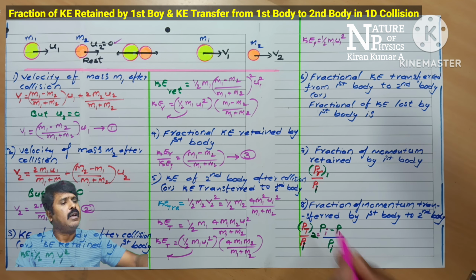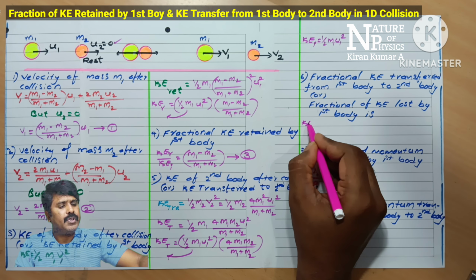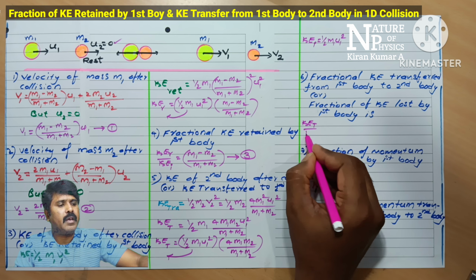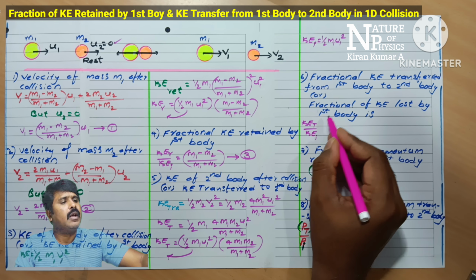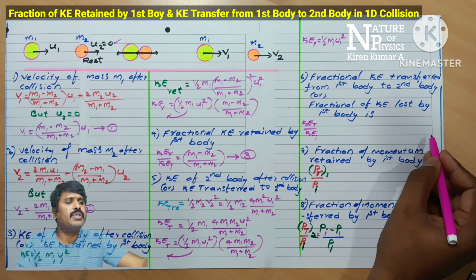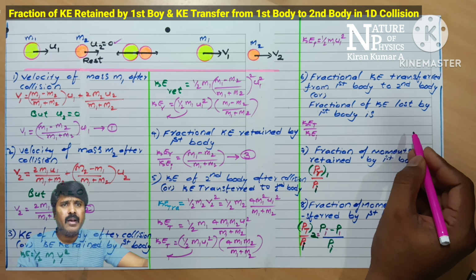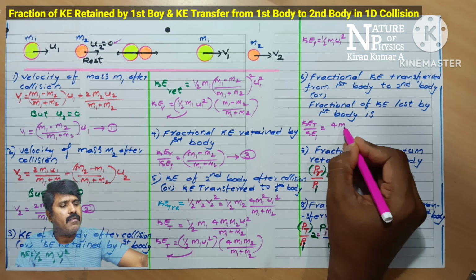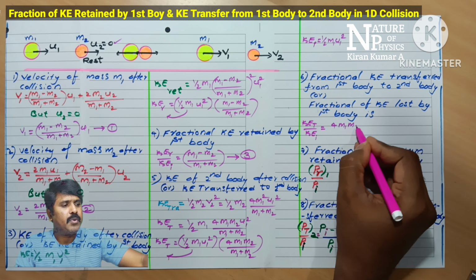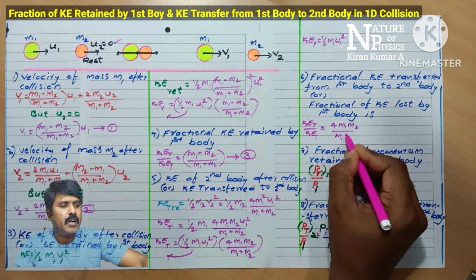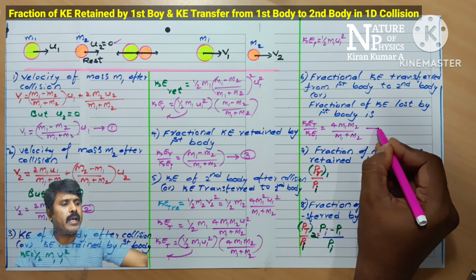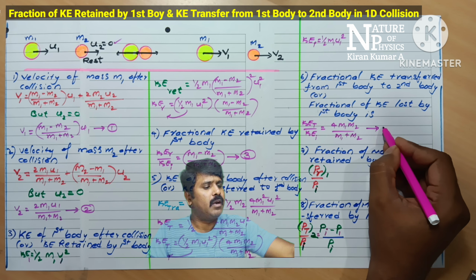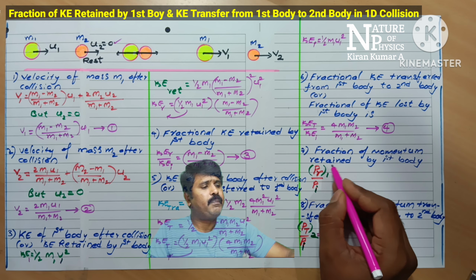Next, kinetic energy transfer divided by initial kinetic energy, that is the fractional kinetic energy transfer from the first body to the second body, is equal to 4 m1 m2 divided by (m1 plus m2) whole square. Now I can write this as equation number 4, student.